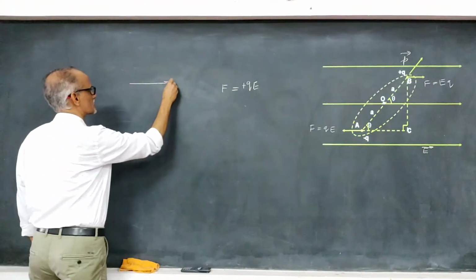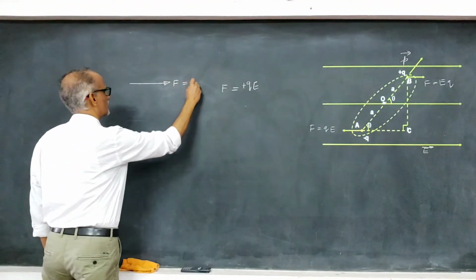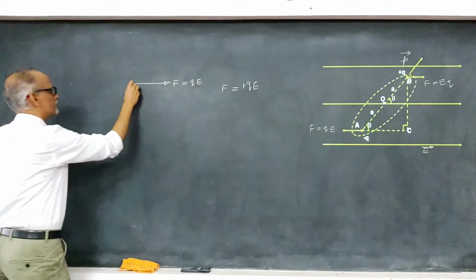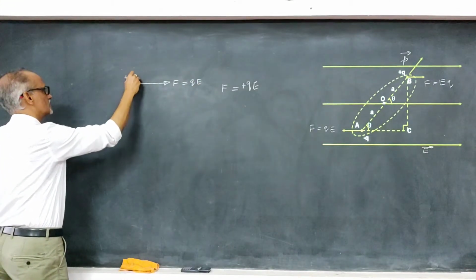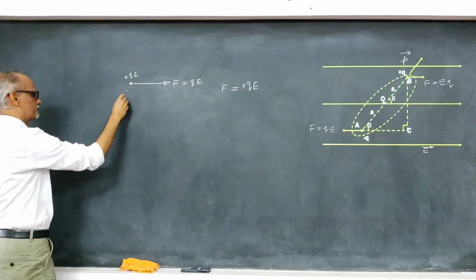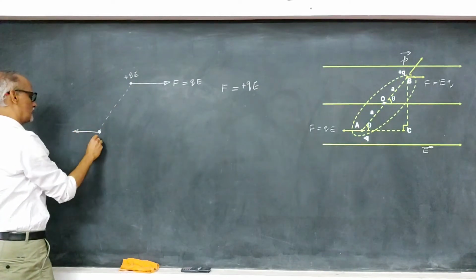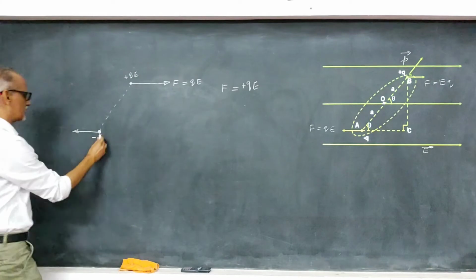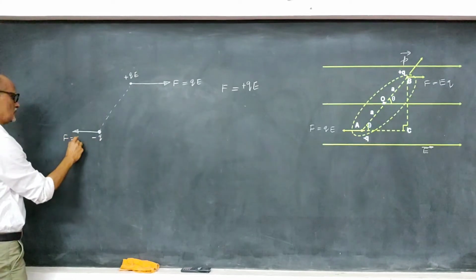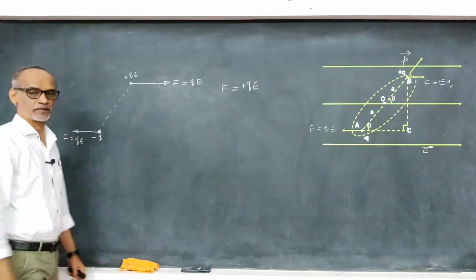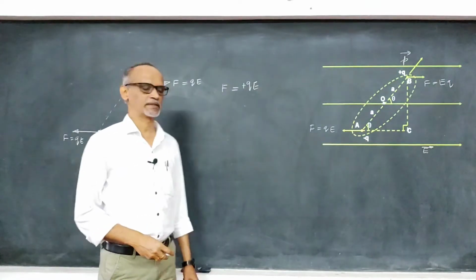And now, these two forces, look at that diagram. This is F equal to QE. This is plus QE. This is the center of the negative charge. The magnitude of the force is the same, but the direction is opposite.